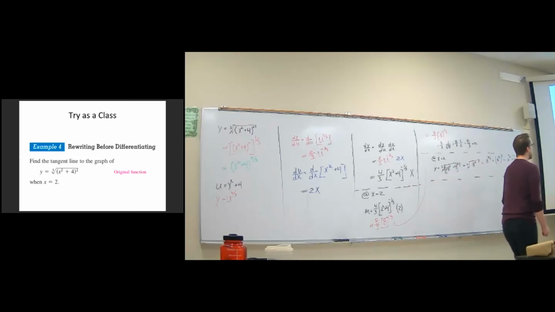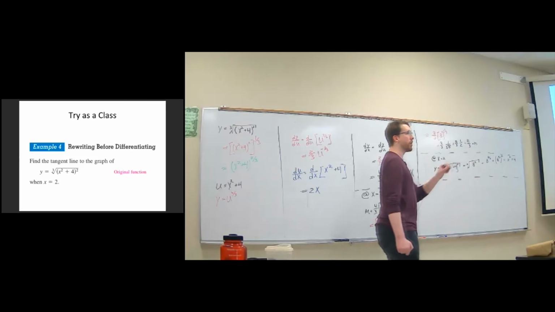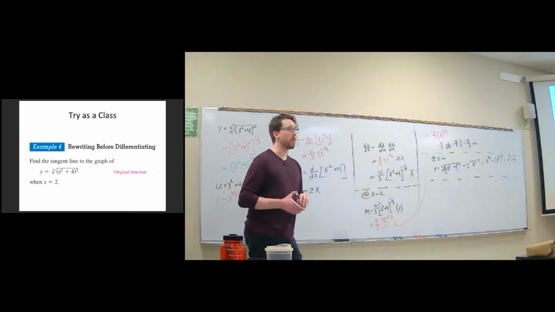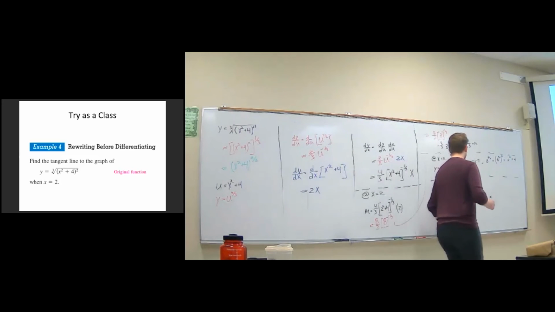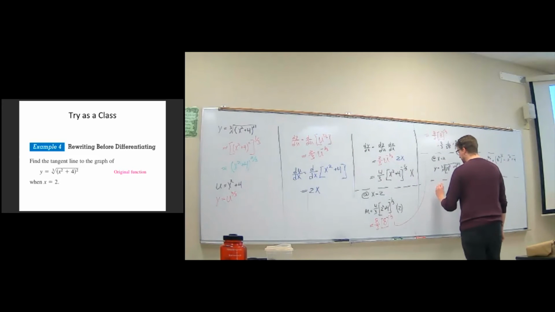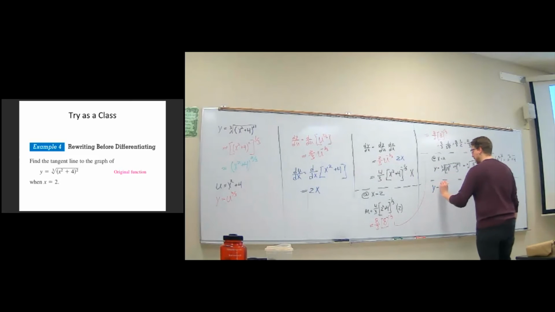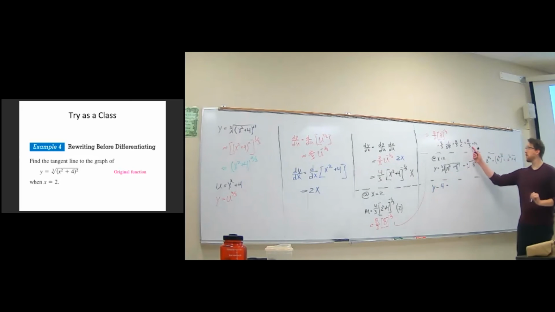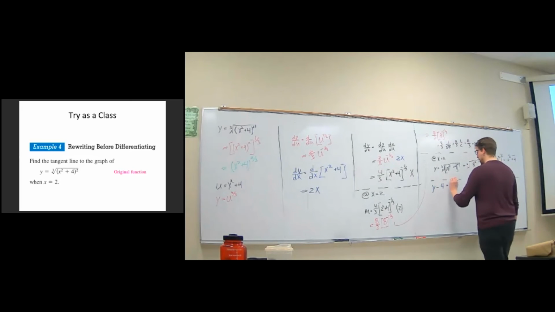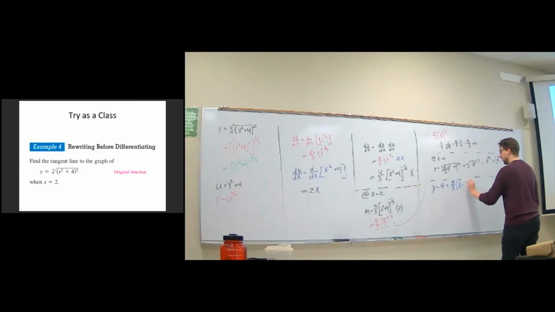Now, you've got to put it all together in point-slope form to get slope-intercept form. We have y minus 4 is equal to 4 over 3 times x minus 2.